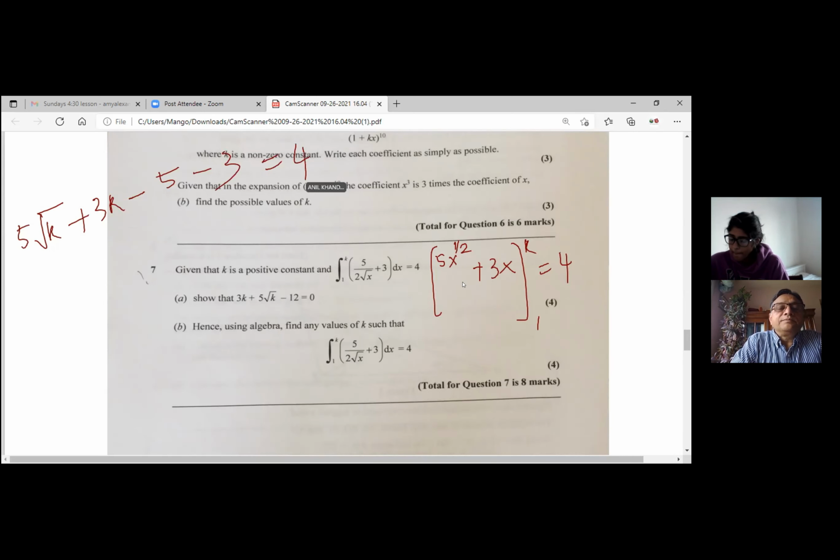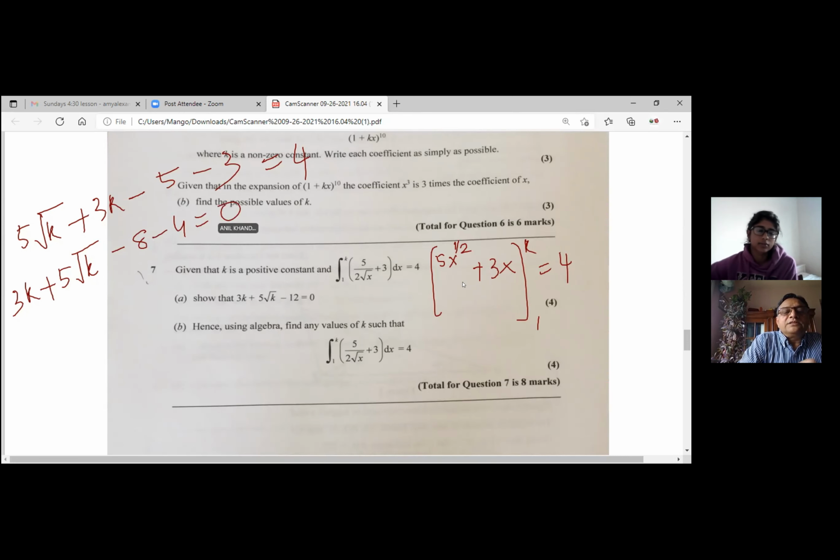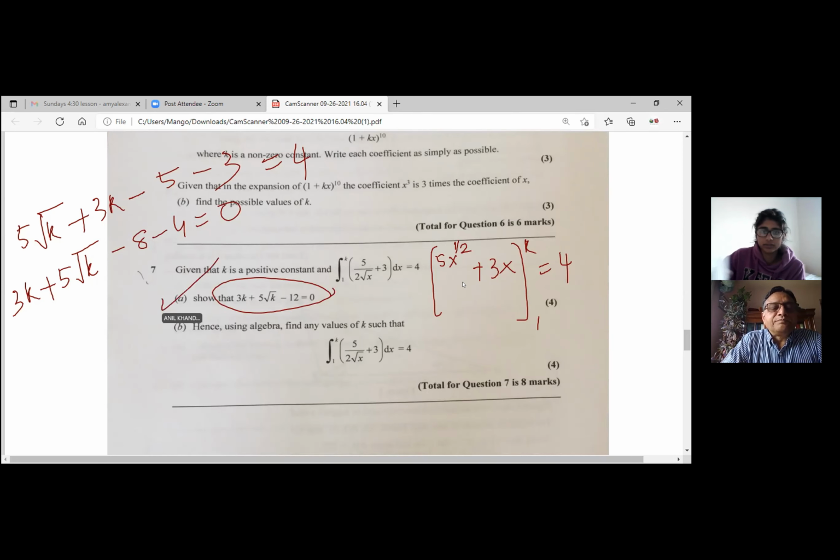Is it clear? So we'll rearrange. We get 3k plus 5 square root k minus 8, and we bring this 4 here, so we have minus 8 minus 4 equals 0. That gives you this equation, minus 12. So we get the first part.